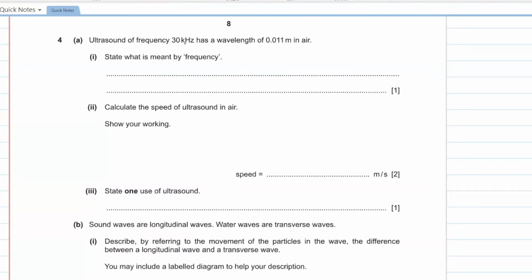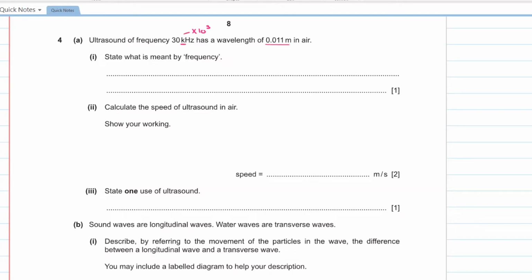Ultrasound frequency 30k hertz has a wavelength of this in here. So the k written here means what? This means kilo. Ultrasounds of frequency 30 kilohertz have a wavelength of this in here. State what is meant by frequency.